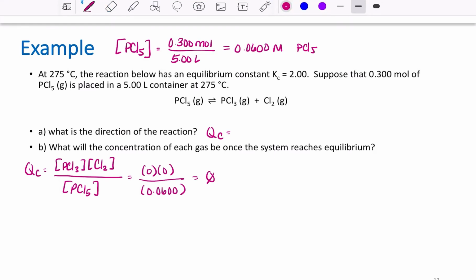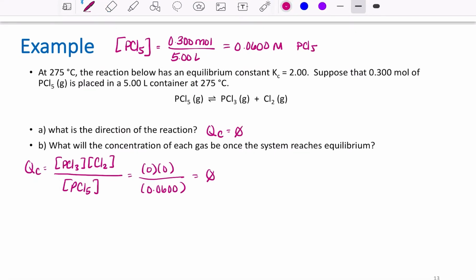So my Qc is equal to 0, which is less than my Kc, which is equal to 2. So which is the direction of the reaction? The forward direction. Reaction proceeds in a forward direction, forming product.